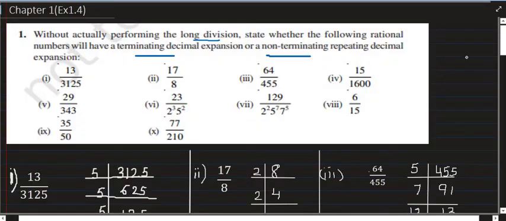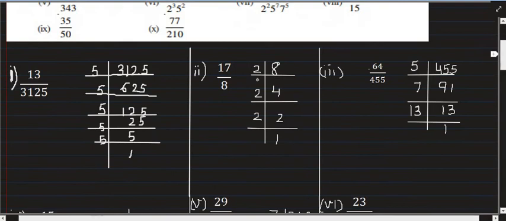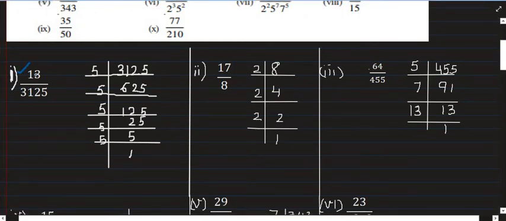In this first one, there is no common factor, as 13 is a prime number. So it's already the simplified form, and as you all observe, we have already done the prime factorization. So we can write the denominator in the form of 5 raised to the power 1, 2, 3, 4, 5.